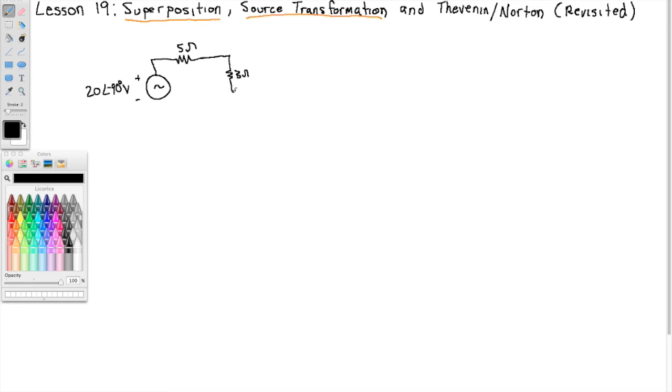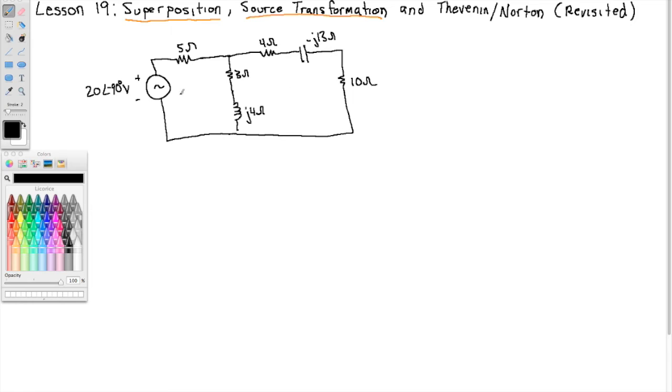Then we've got 3 ohms here and an inductor, that should be j4 ohms. Then we have a 4 ohm resistor and a capacitor of negative j13 ohms, and then a 10 ohm load.